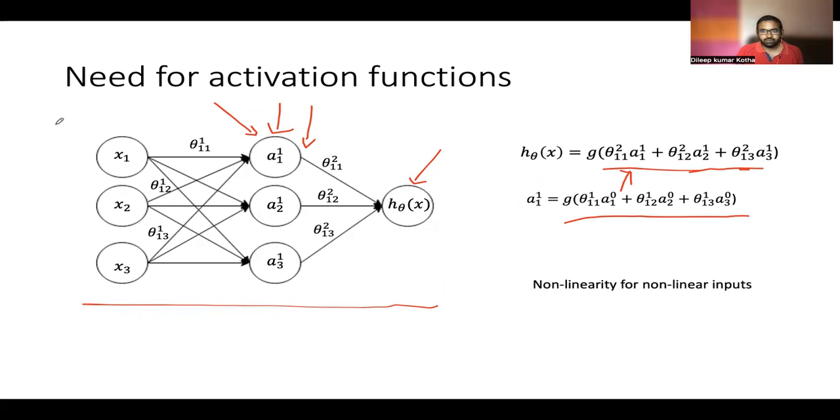The reason for going this way is that the problems are also nonlinear. For example, if you have two features, you can represent it on an XY axis. But if you have more than two features, then it's a nonlinear problem. So if you go with nonlinear activation functions, our neural network will become more complex and give us better results.